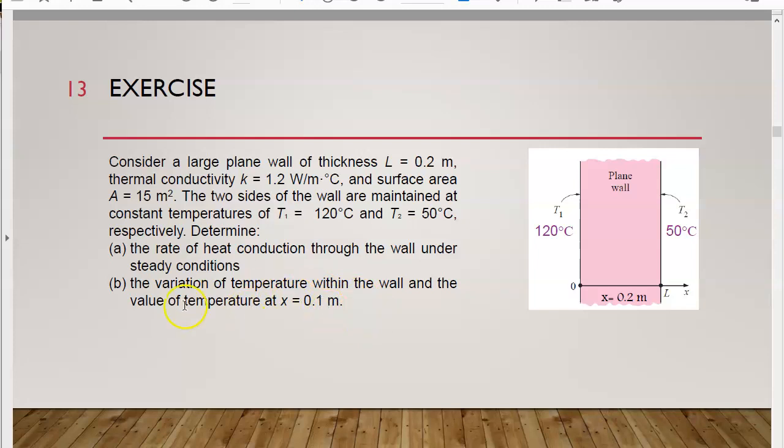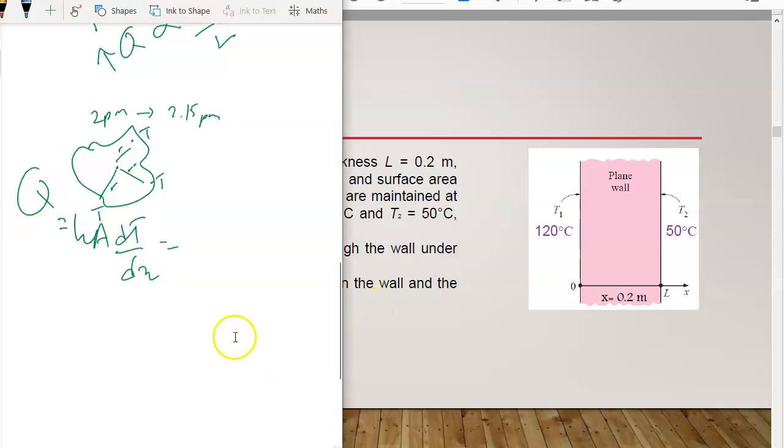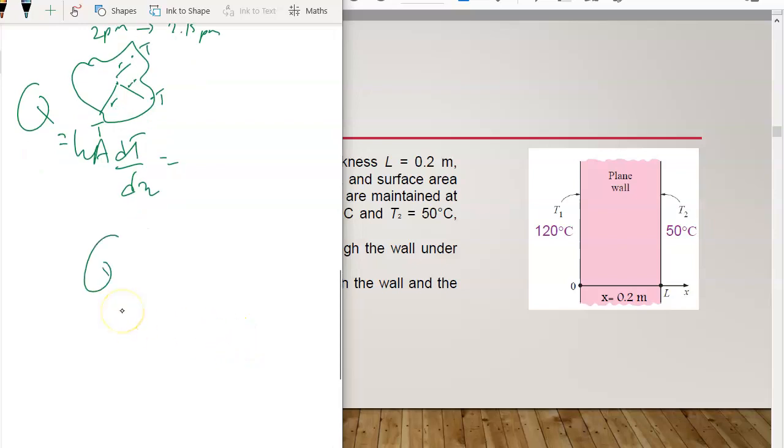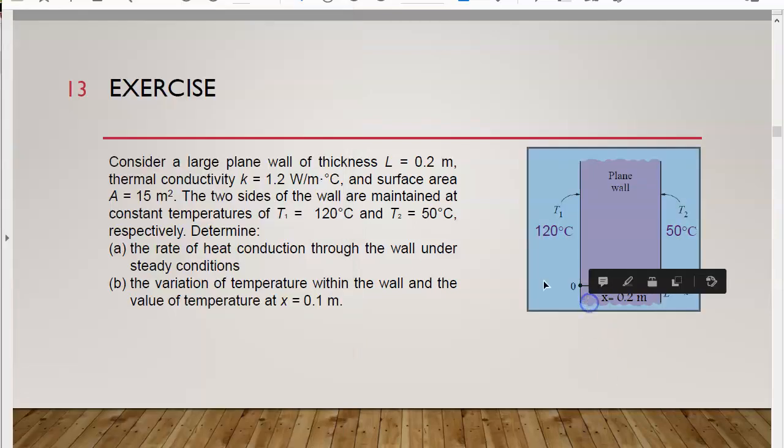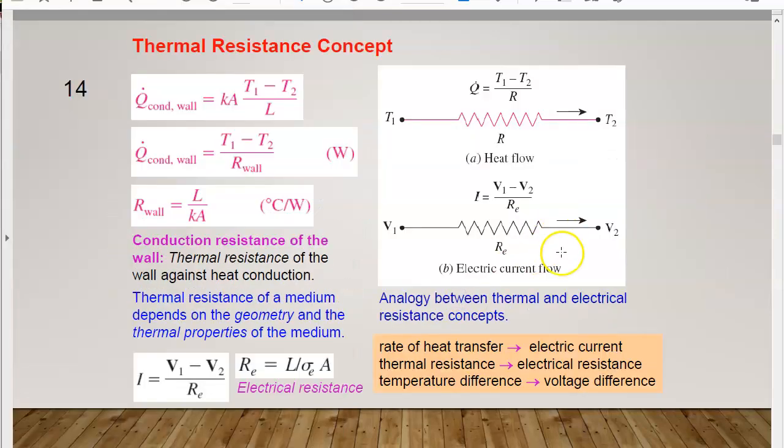Part B: Q is equal to the one that you got from part A, Q dot. Then you change X equal to 0.1, then find dT. Q equals kA dT over dx. Find dT. The rest you put in the same, because Q is the same. Okay, please submit it. Thank you.